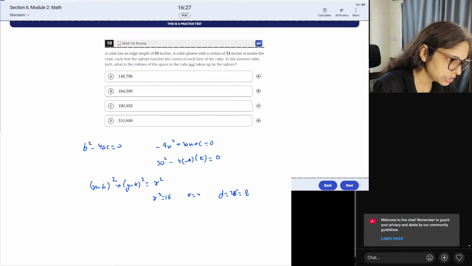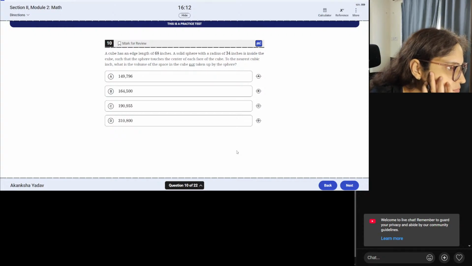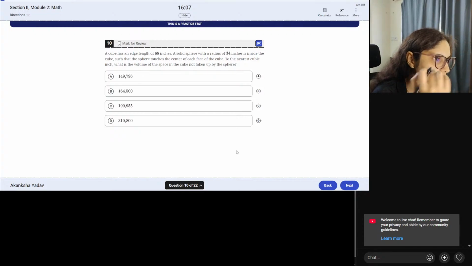A cube has an edge length of 68 inches. A solid sphere with a radius of 34 inches is inside the cube, such that the sphere touches the center of each face of the cube.